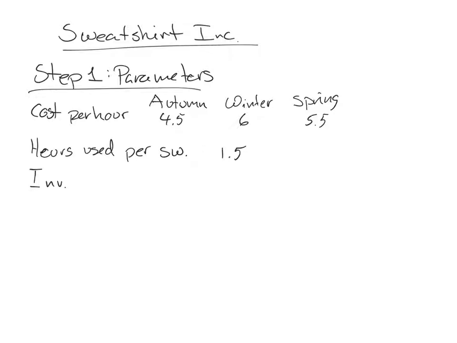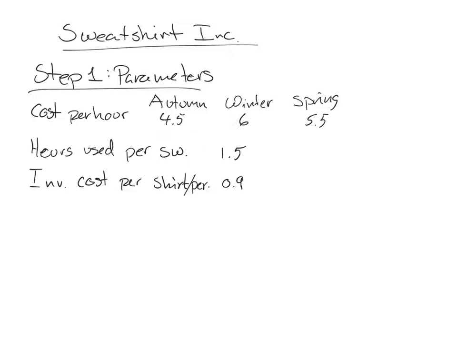So there's a cost incurred every quarter we have a shirt in inventory. So that's an inventory cost per shirt per period, and that is $0.9.